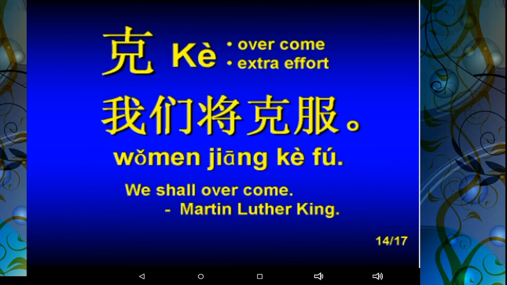This next character is the character ke, right? And that means to overcome or to give some extra effort. And I think the best one to lead us in this sentence would be Martin Luther King himself. And what did Martin Luther King say? He said, "We shall overcome," right?